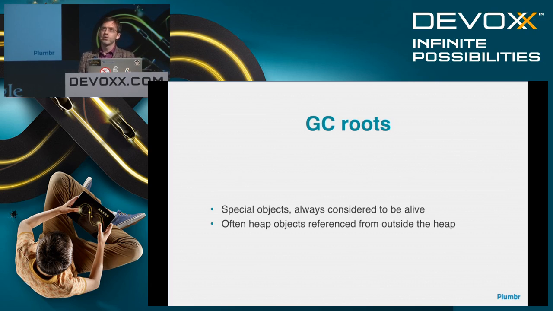So first of all, we have to start with GC roots, garbage collector roots. Garbage collector roots are some special objects. The garbage collector handles them in a special way. They are special in that we consider, or the garbage collector thinks, that those objects are always alive, even if there is no reference in the Java object sense that points to those objects.